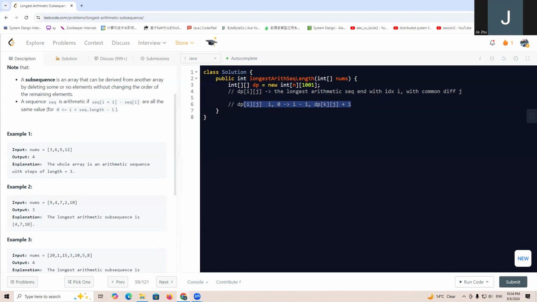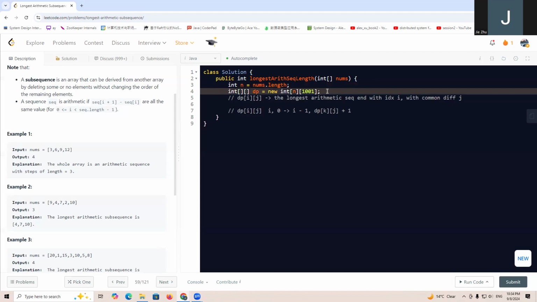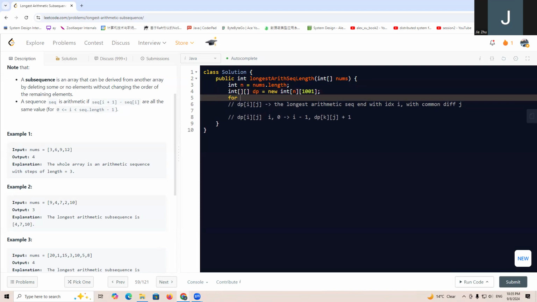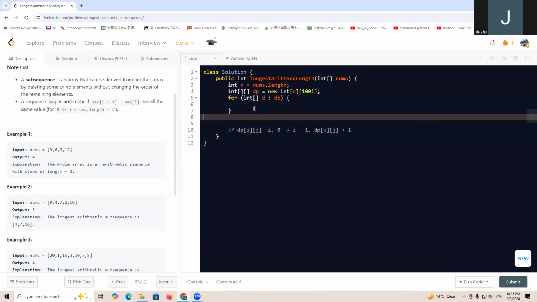So let's write this. We know int a equals nums.length. For every d in dp, the initial length is 1, because the number itself can be a subsequence.